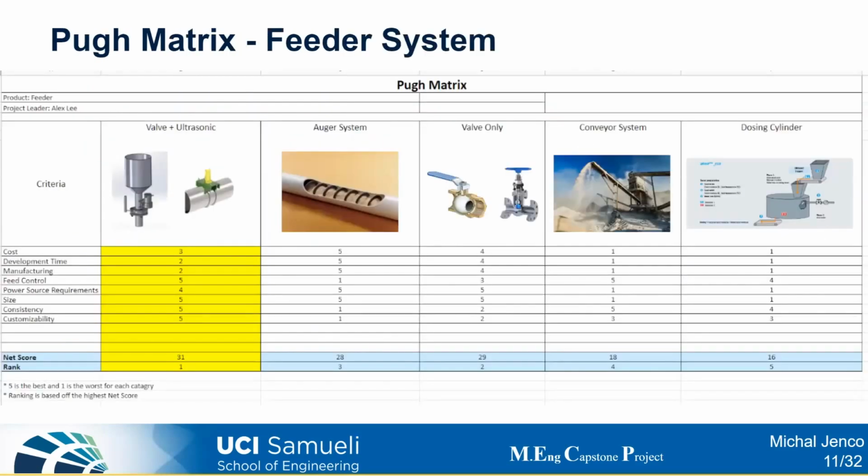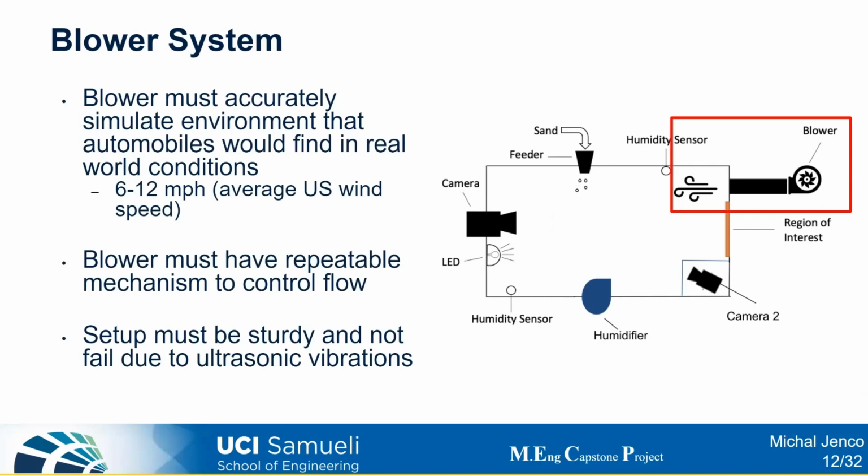Here is a quick look at our Pugh matrix that we used to decide on our final feeder system design. As you can see, we considered five different design options, but ended up going with a butterfly valve and vibration module. The blower system used to blow sand and hot air onto the camera had to accurately simulate the environment that vehicles would find in real-world conditions, which in the US is on average between 6 to 12 miles per hour.